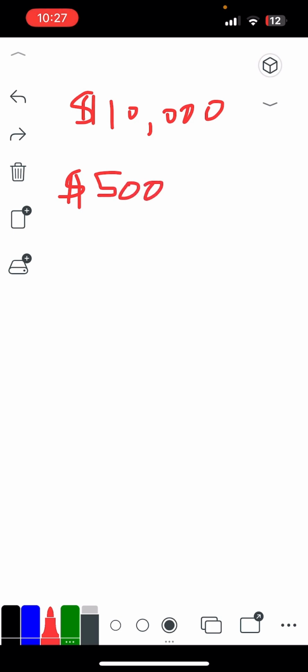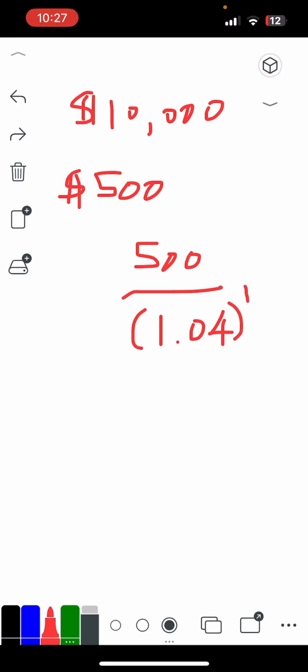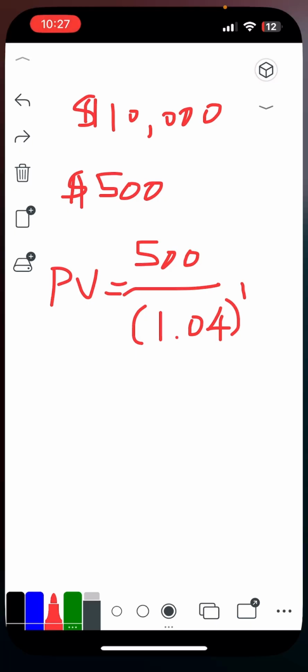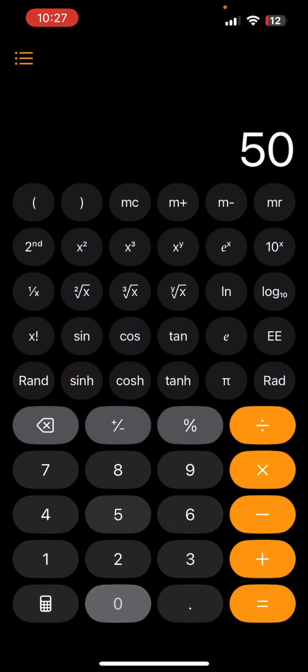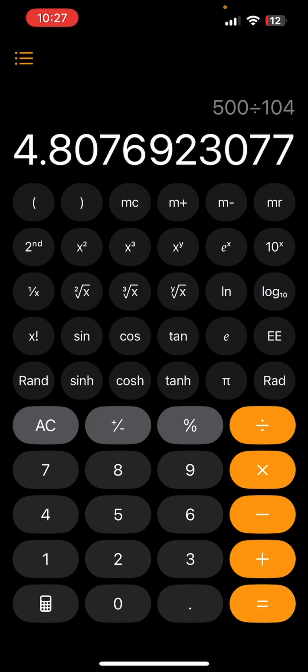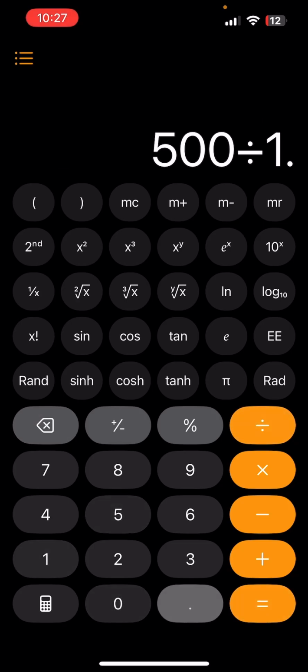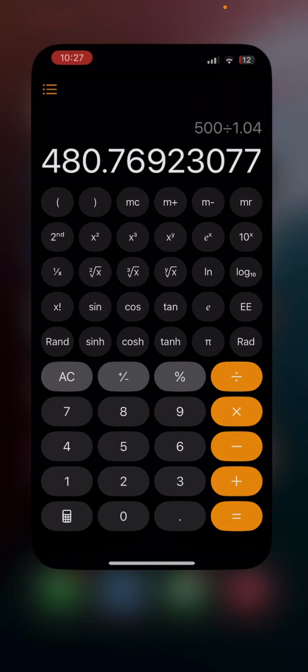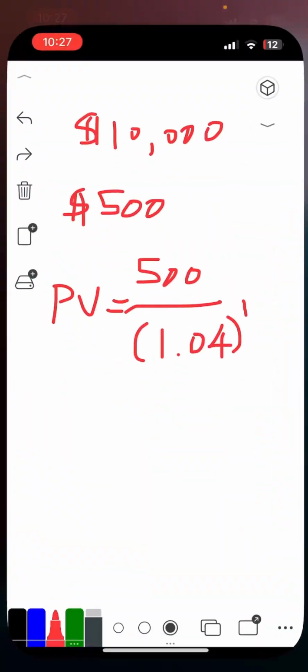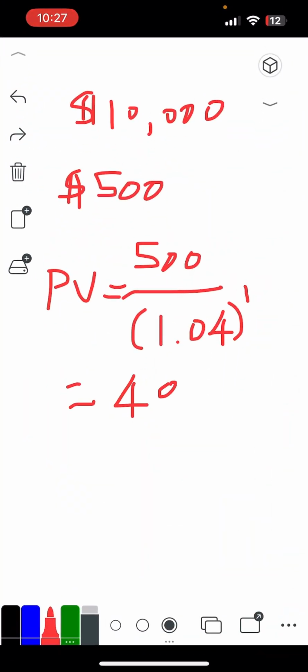To figure out your present value, you say 500 divided by 1.04, all raised to 1. This is your present value, which will eventually give you your current yield. So 500 divided by 1.04 comes to around $481 for the first year.